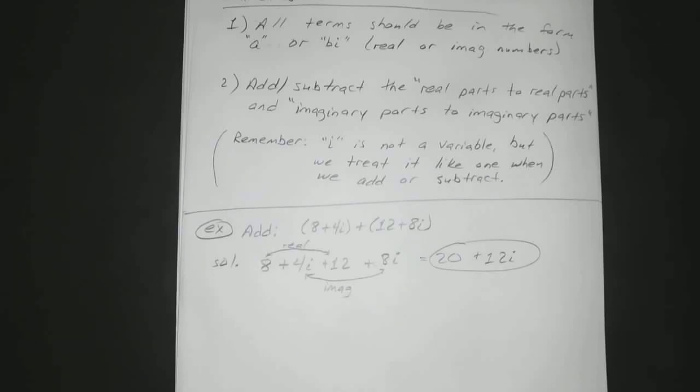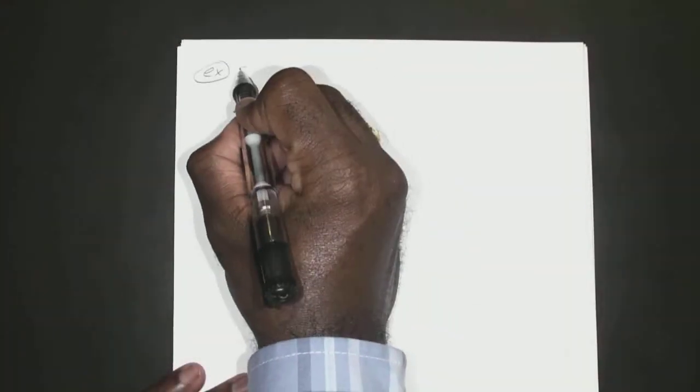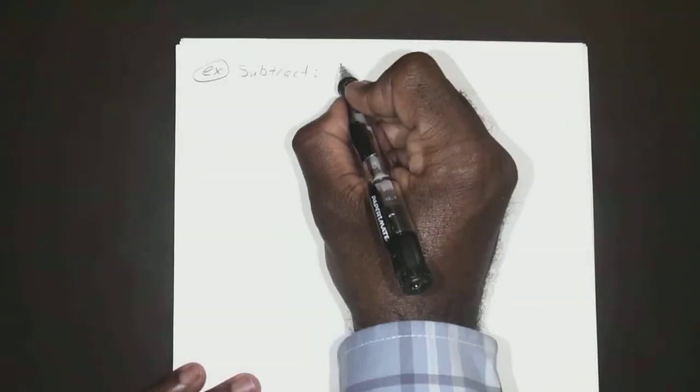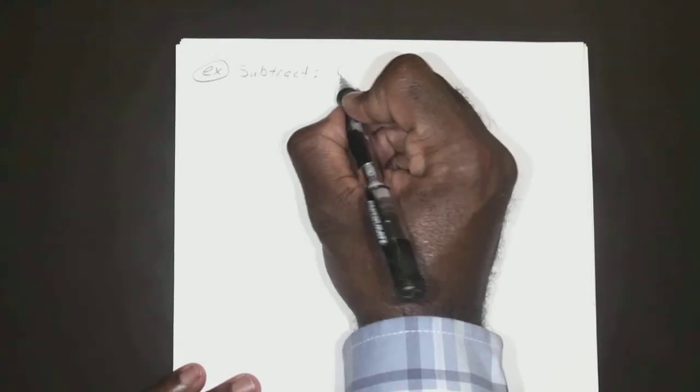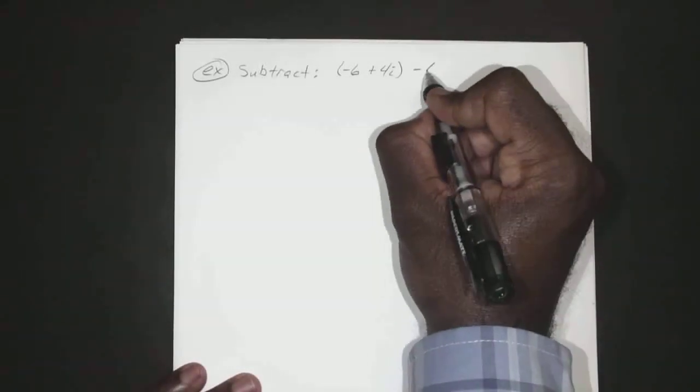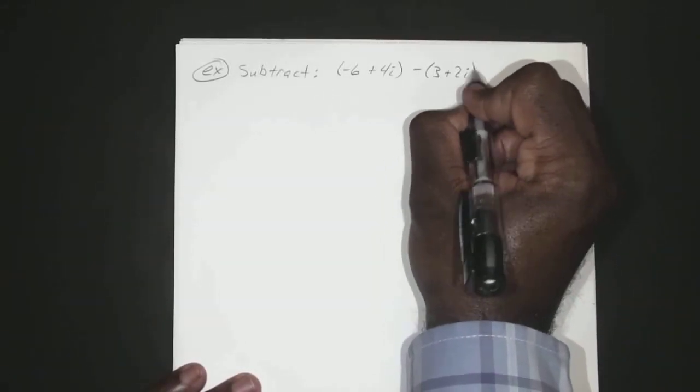All right. Leave that up for a second. All right. So let's say if we wanted to subtract. Okay, so let's say if you have -6 plus 4i minus (3 plus 2i).